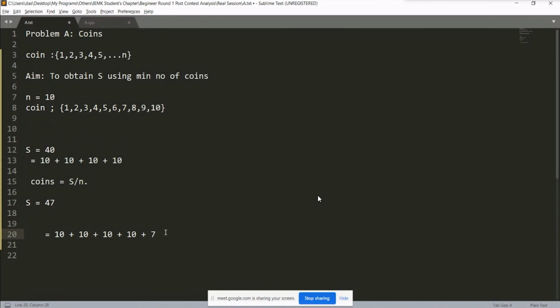So we will use the largest coin every time that is possible. But after reaching 40, we will use something in the range from 1 to 9, something less than 10, because if we use 10 here, then that would be 50, and we don't want to exceed that value. So here we can say that we need S by N plus 1 coins. Plus 1 is this remainder quantity.